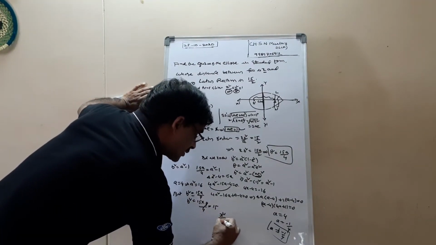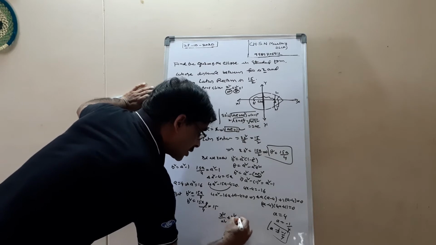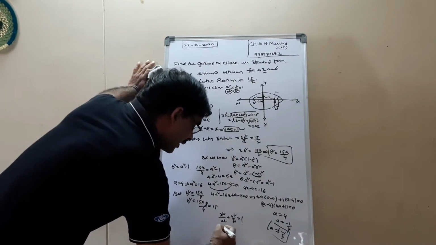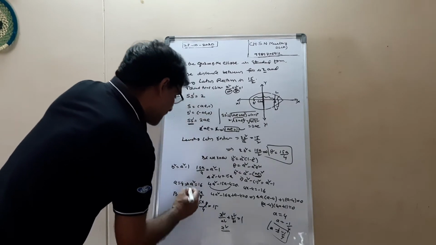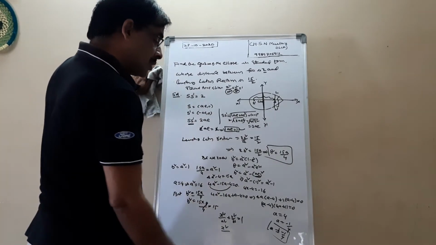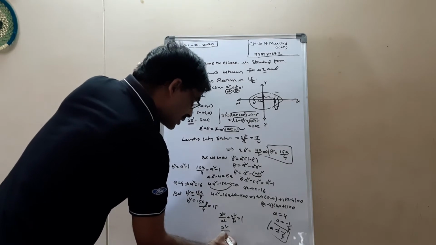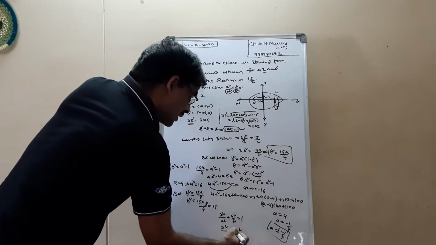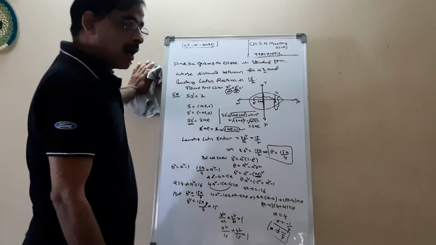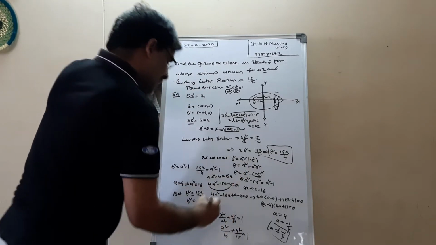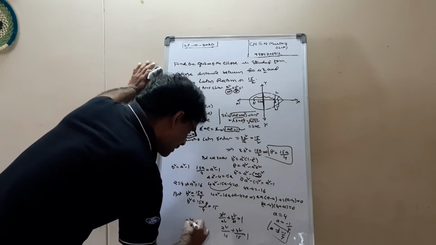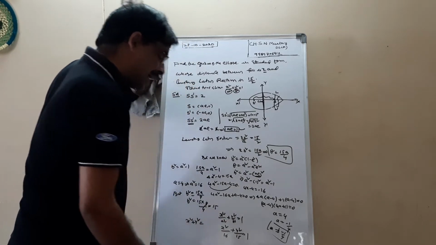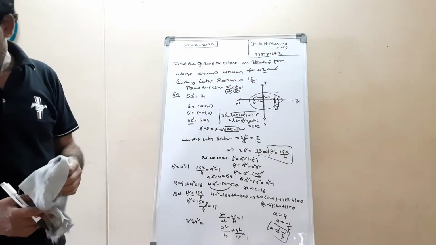x square by a square plus y square by b square equal to 1 is the standard form of the ellipse. You substitute here the values. What is a square? We have the a square value. a square means 16, so x square by 16 plus y square by 15 equal to 1. Or you can write this one as, if you take LCM, what is the LCM of 15 and 16?